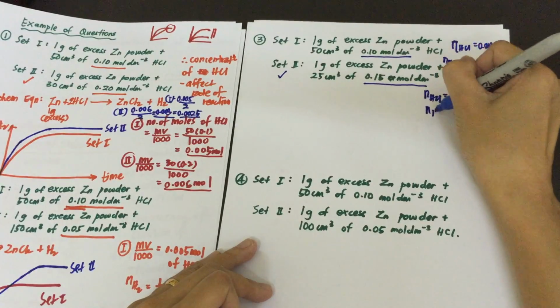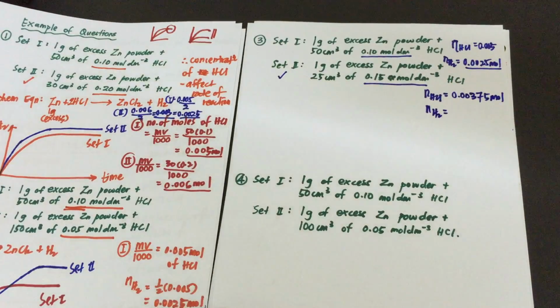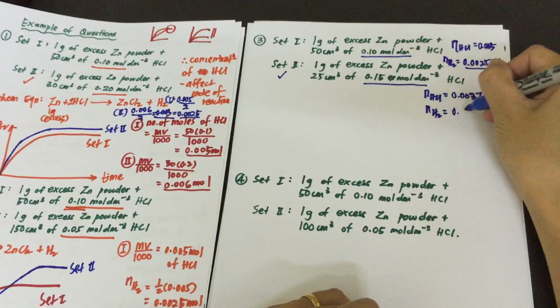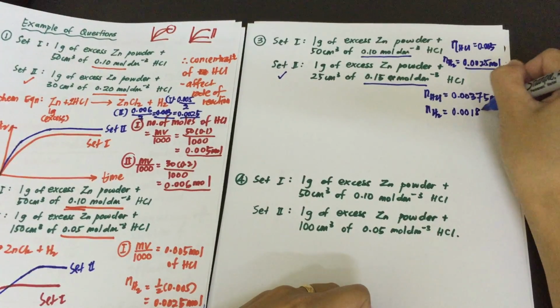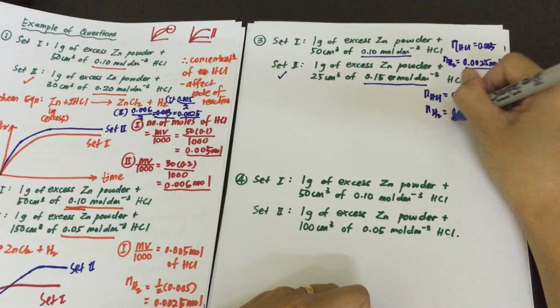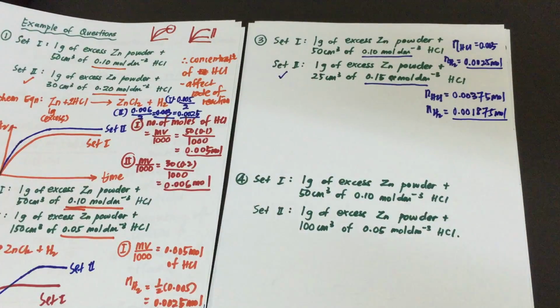So we can also calculate the mole of hydrogen by using the equation, which gives 0.001875 mole. So students, you can now justify which one will give a higher product already.